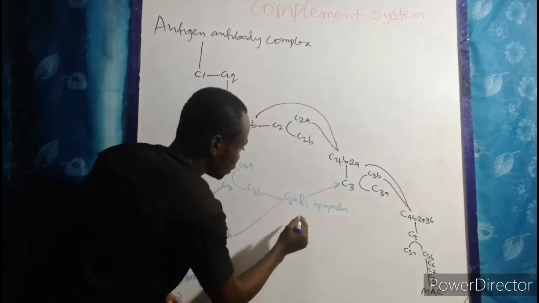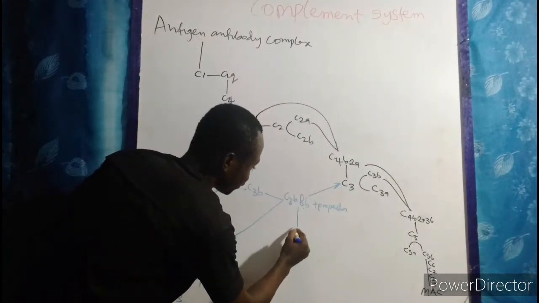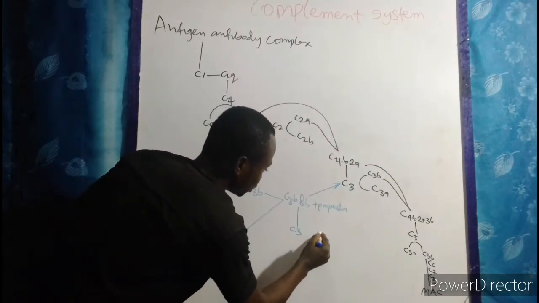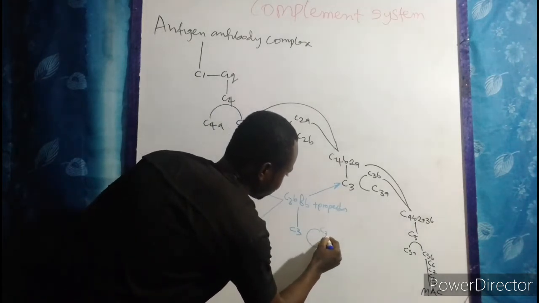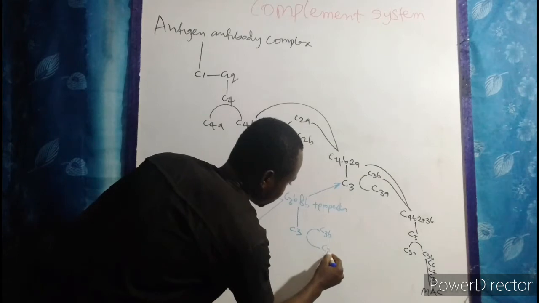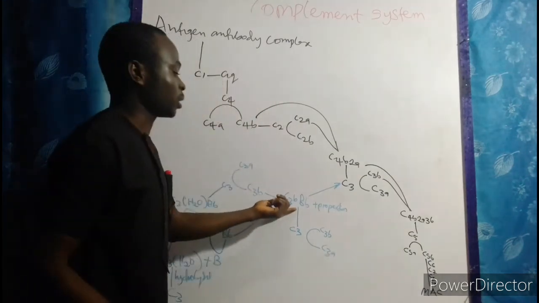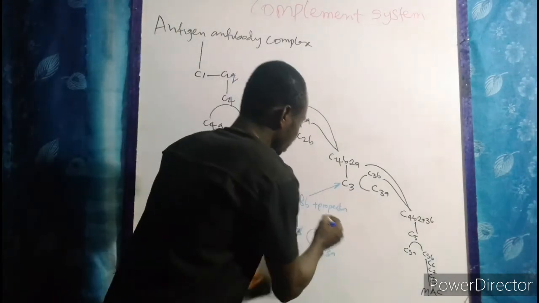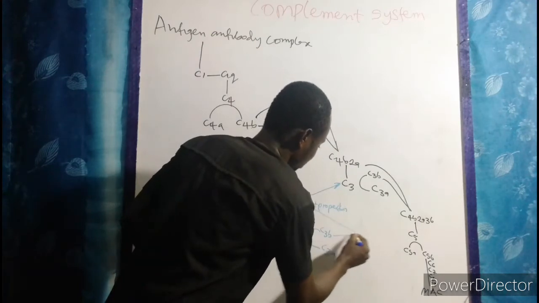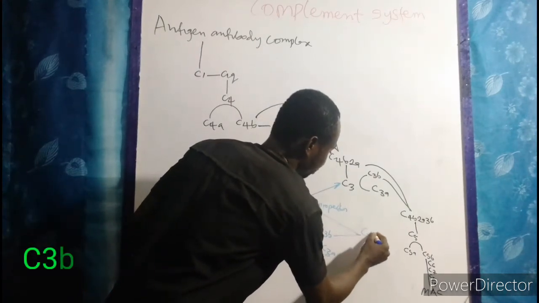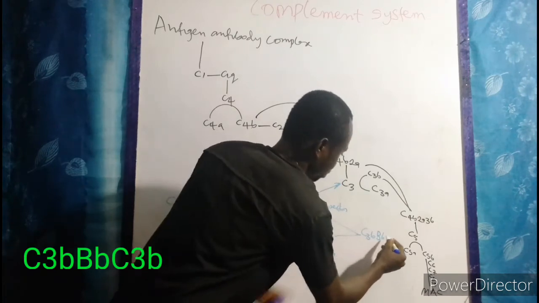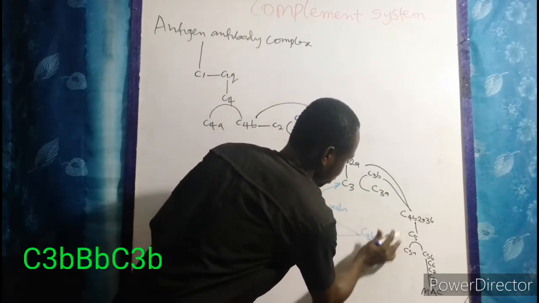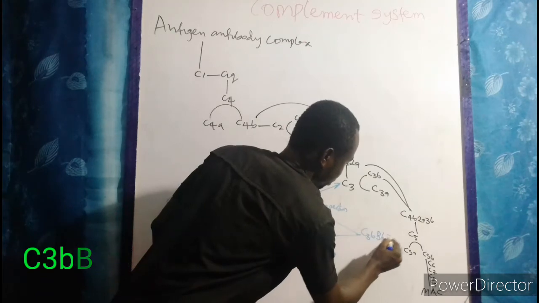This C3bBb also has the potential of cleaving further C3 into C3a and C3b. The C3 convertase together with the C3b forms C3bBb3b.